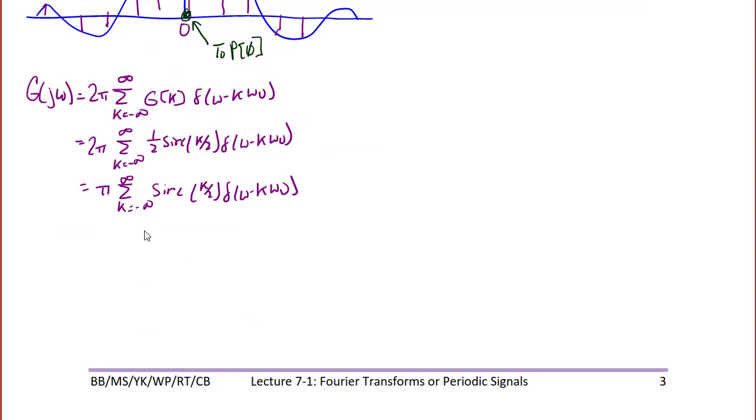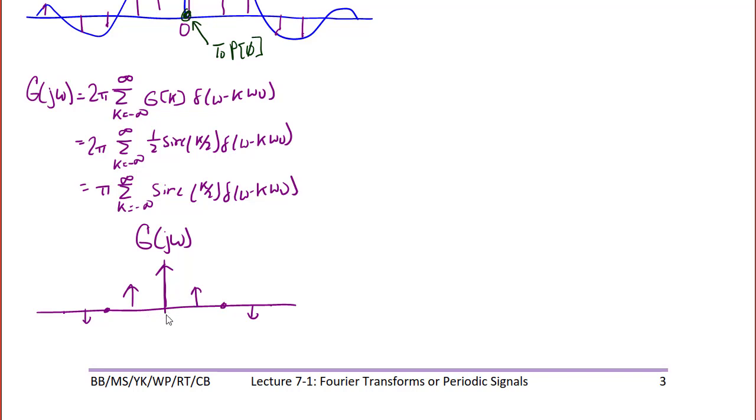So a sketch of G of j omega would look like the following. So here's G of j omega. And it's going to be a scaled impulse train, but the scaled impulse train is going to track the sinc. So we'll have a value here, values here, then it's going to hit 0, and then there'll be a value here, and value here, and so on.